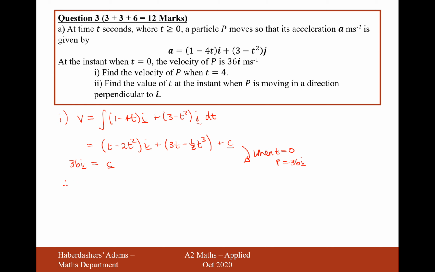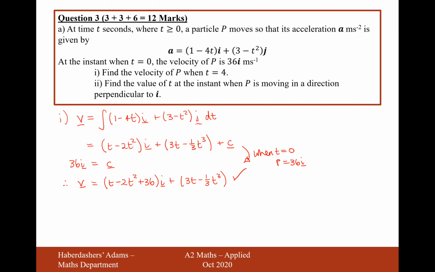So therefore your final answer is going to be t minus 2t squared, and given that this is the i component, I'll add 36 in there. But there's nothing for the j component, so I won't add anything to the j component. And there we are, that's taken care of the plus c. C is 36, so I've put 36 where the i components are.